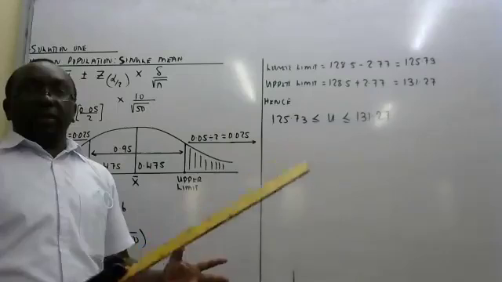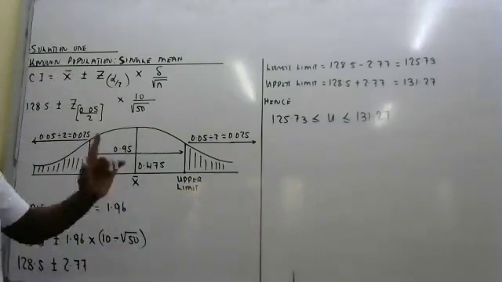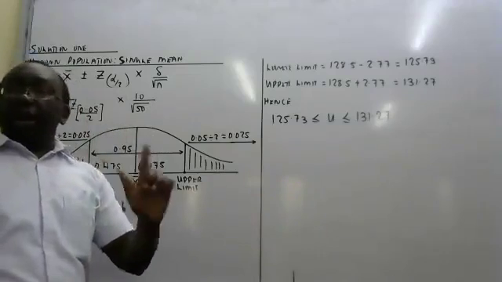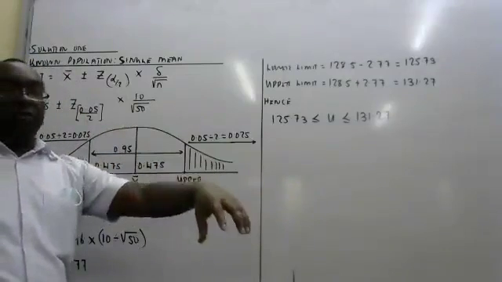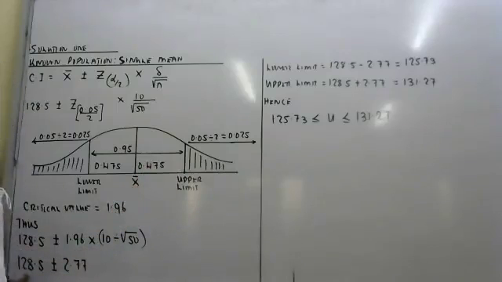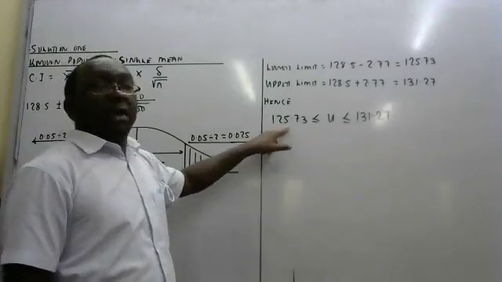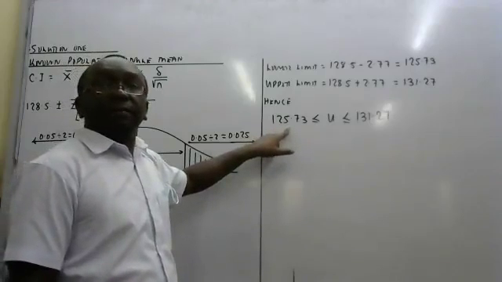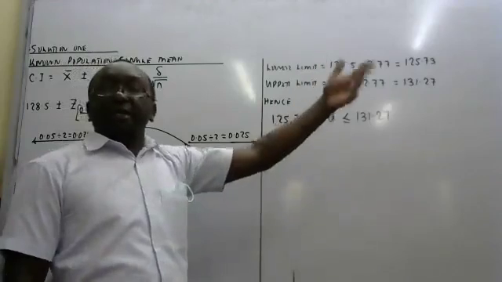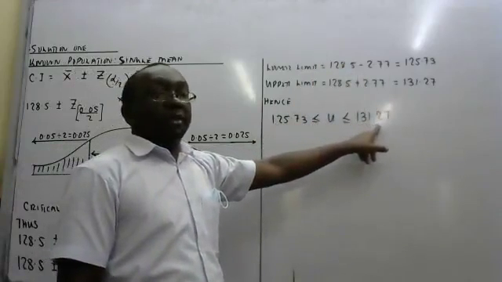So you tell us we are 95% sure that any packet of sugar you pick should have a mean of 128.5. However, in case it reduces a little, it should not be below 125.73. Now, in case it increases a little, it should not go beyond 131.27.